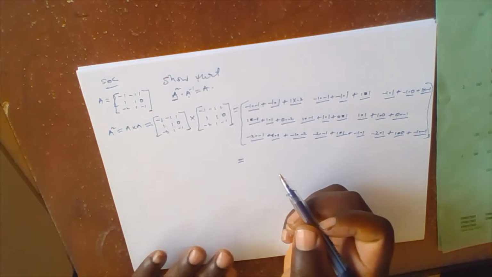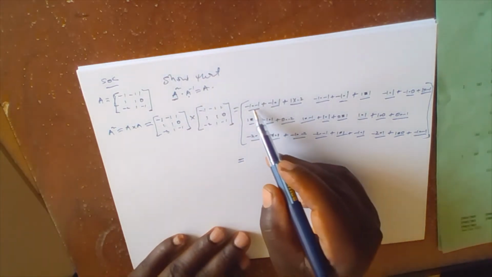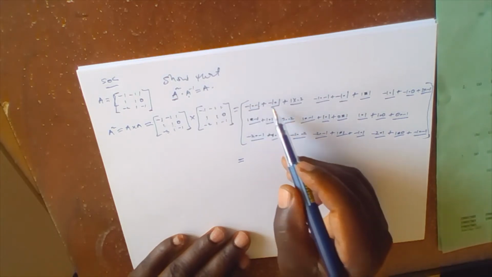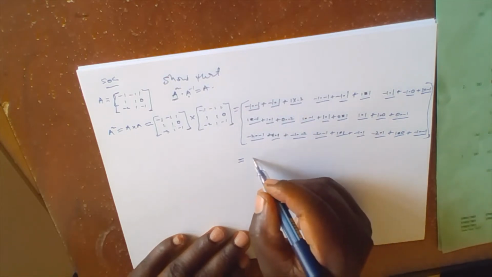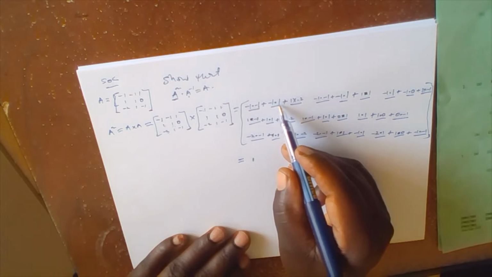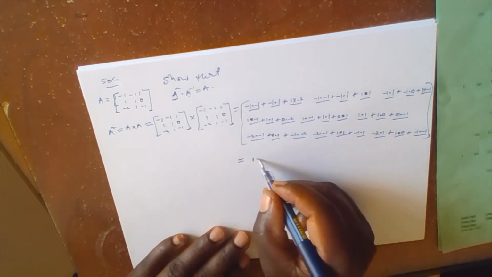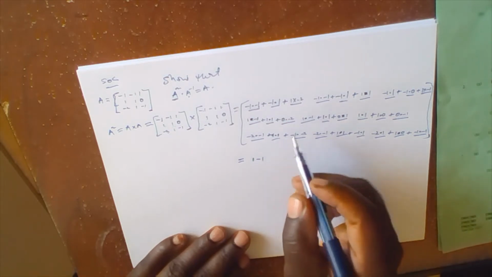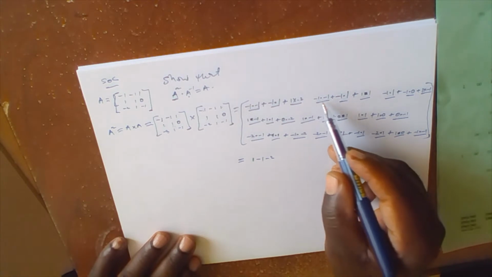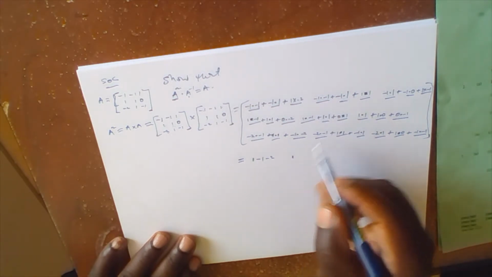This equals to, negative 1 times negative 1, we have 1. Negative 1 times 1 times 1, it will be minus 1, then minus 2. Then here we have 1.